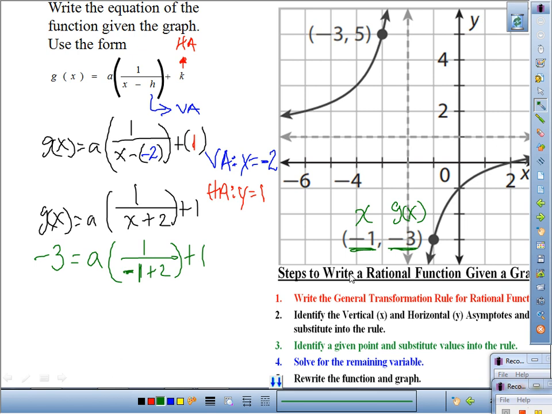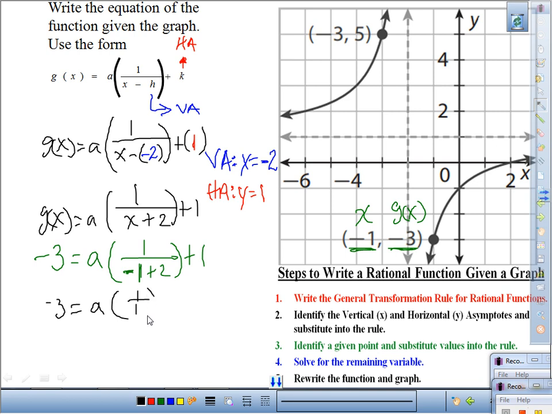Yeah, I used the point given. They gave me 2 points, this one and this one. I used this one. There it is. Let me simplify. Let's see. We get -3 equals a times 1 over 1 plus 1. What is 1 over 1? What is 1 times a? So this is a plus 1.